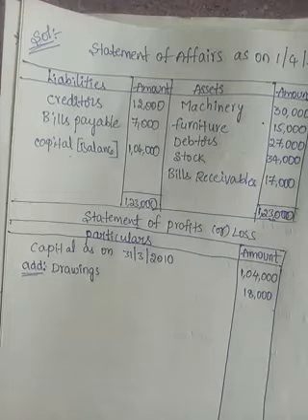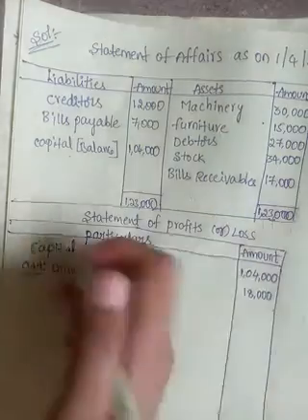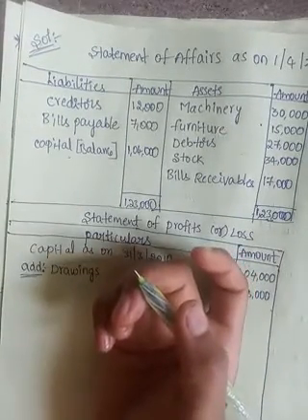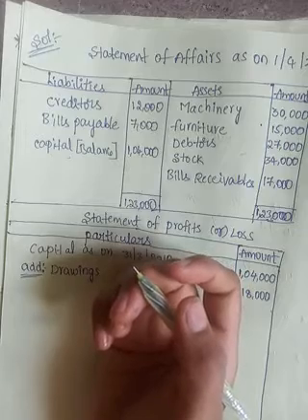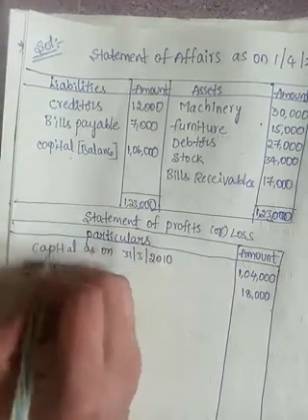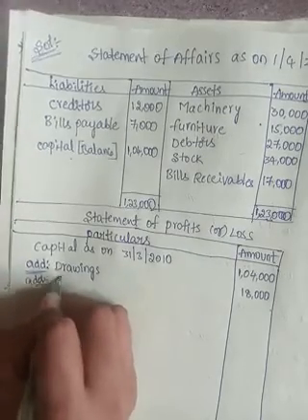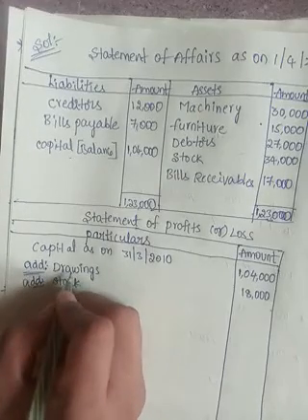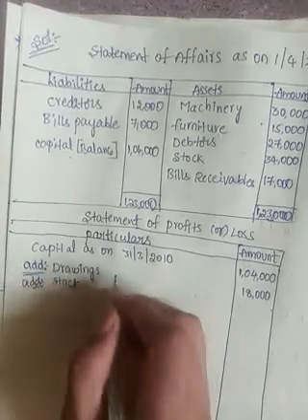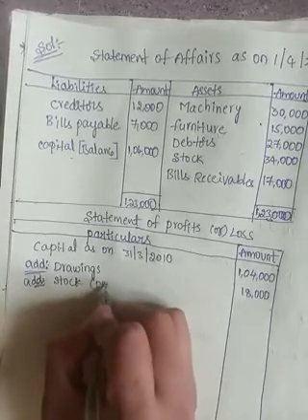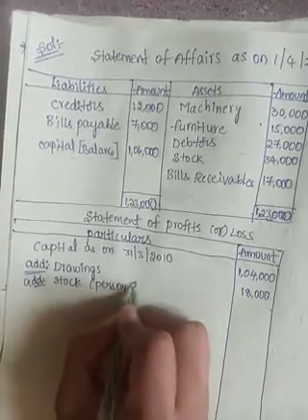The next is that Sanjay also used stock for private purpose, so that is also added: stock for his private purpose, meaning personal use.